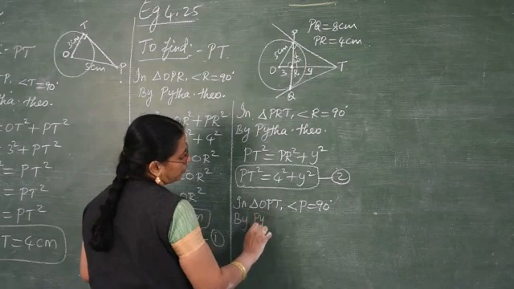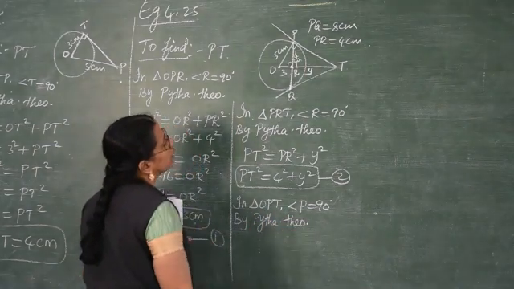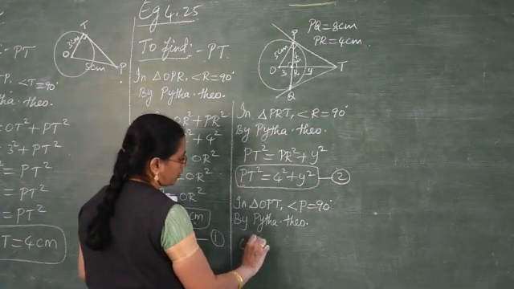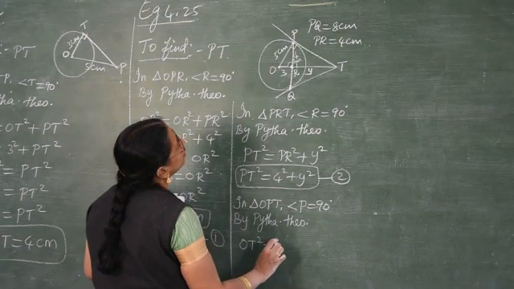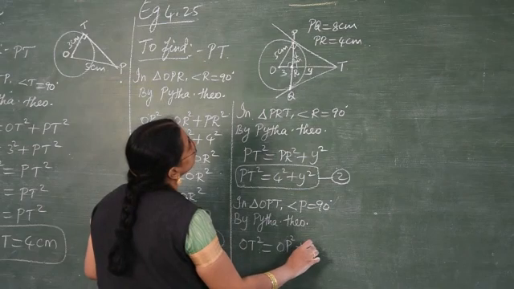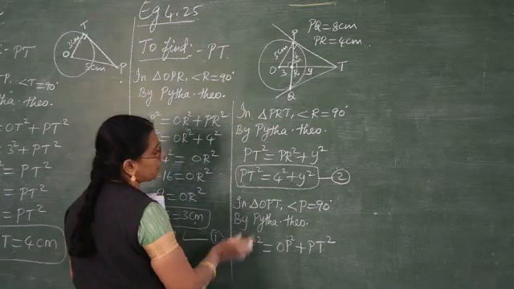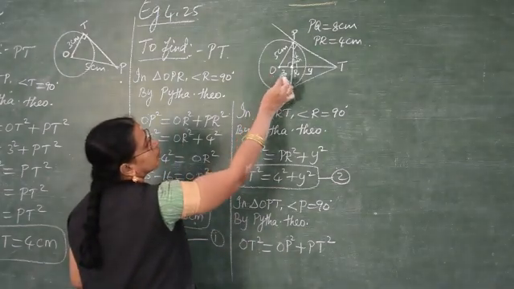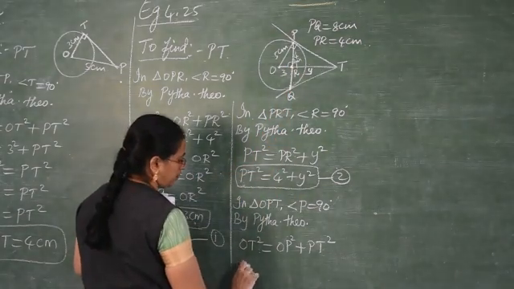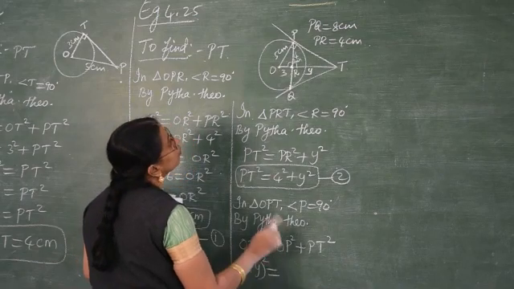Therefore, by Pythagoras theorem, OT square equals OP square plus PT square. What is the OT length? O to R is 3, R to T is Y. So 3 plus Y the whole square equals OP square plus PT square.